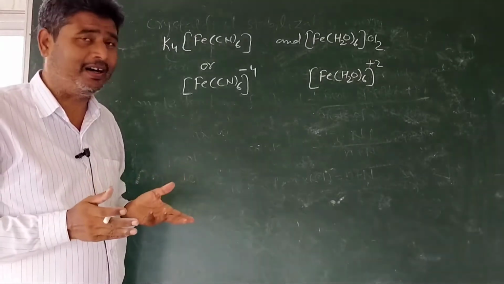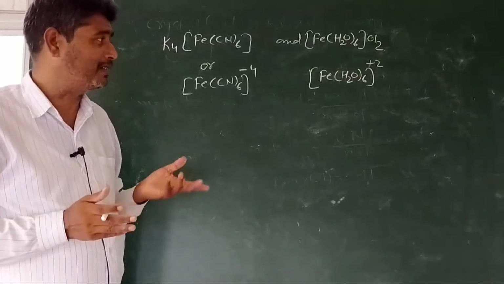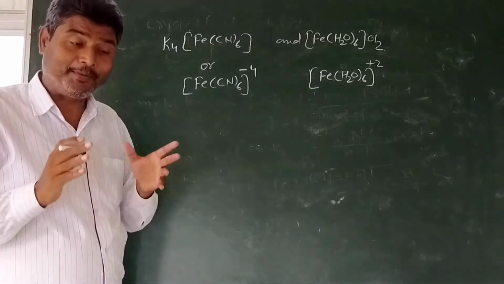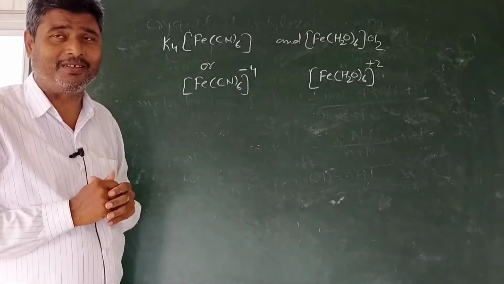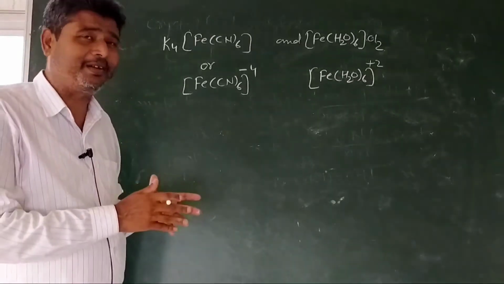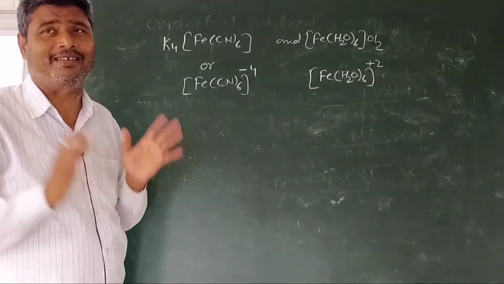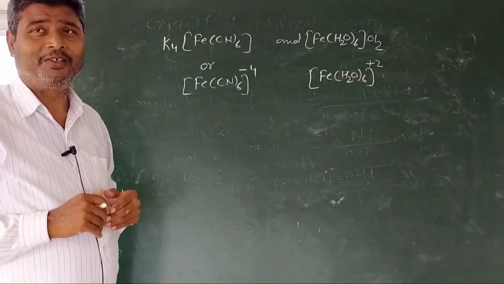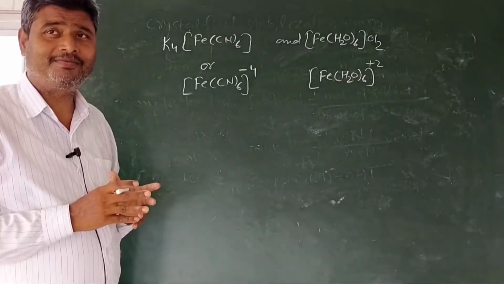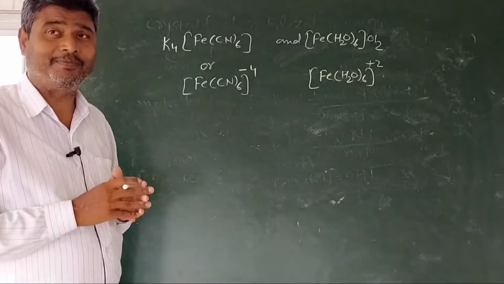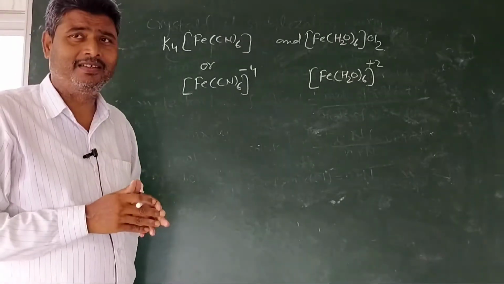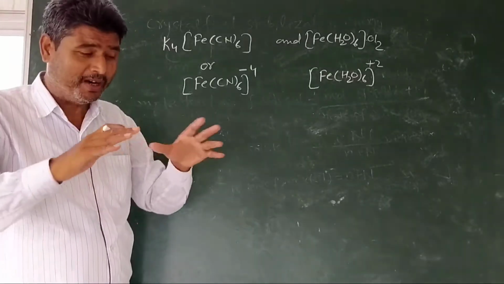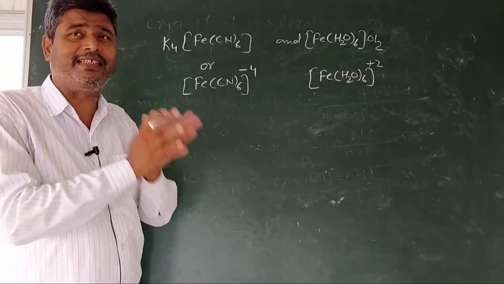So first of all, for the calculation of stabilization energy, we have to find out the coordination number, whether the given compound is octahedral or tetrahedral. Secondly, we have to find the oxidation state, by means of which we get how many electrons are present in the d orbital.